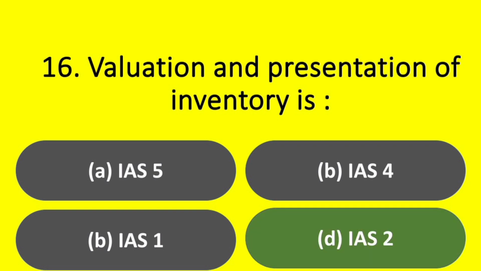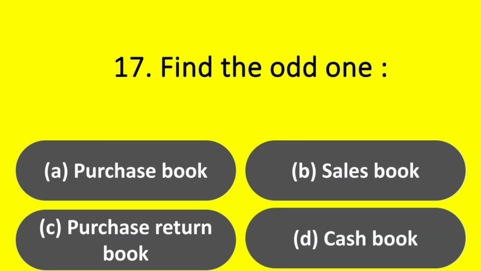Answer: option D, IAS 2. Find the odd one: purchase book, sales book, purchase return book, cash book. Answer: option D, cash book.